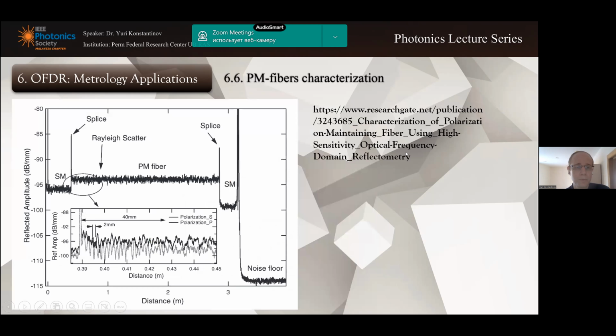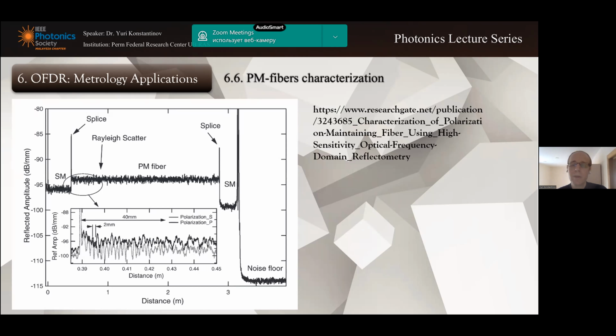If the fiber is not linear, they need to control it not only in the preform, but for example, in the already produced fiber. Another topic of my talk is PM fibers characterization. This is very important for the manufacturers of PM fibers and for those who use PM fibers in distributed fiber optic sensors, for example, in dynamic Bragg gratings. It's no secret that for most of these applications, we need to keep a constant and high birefringence along the fiber.